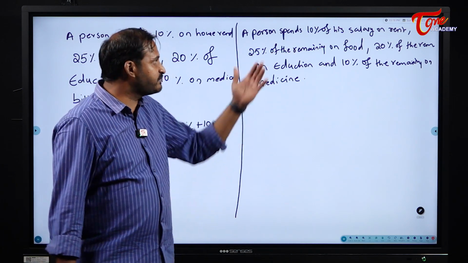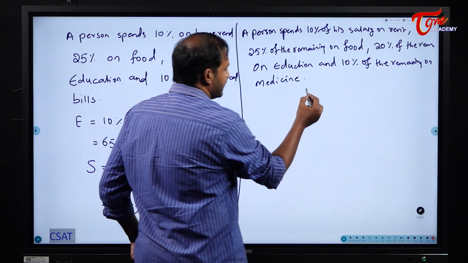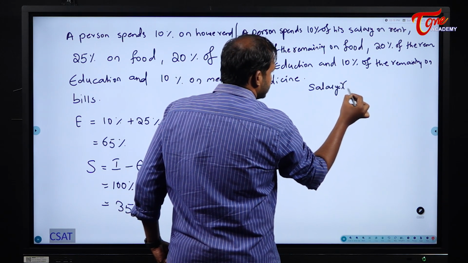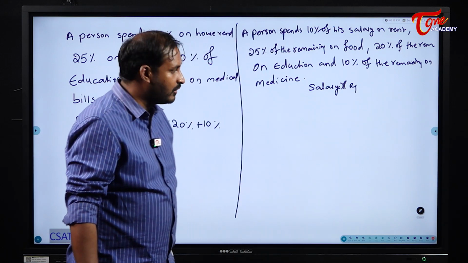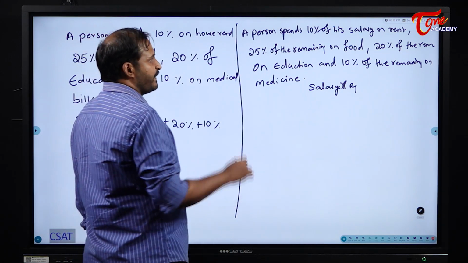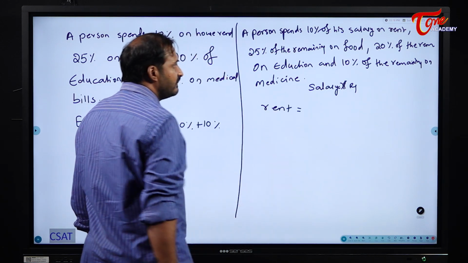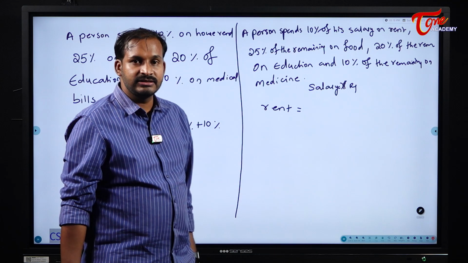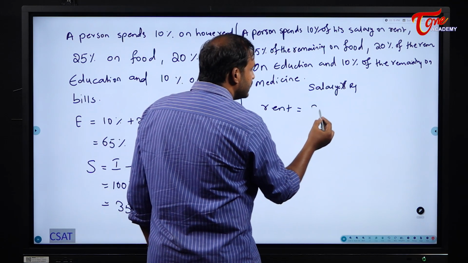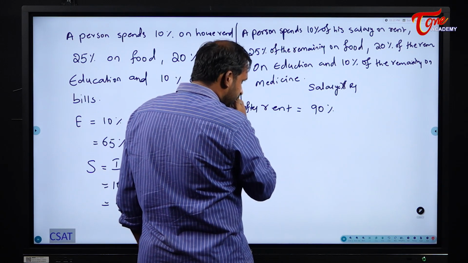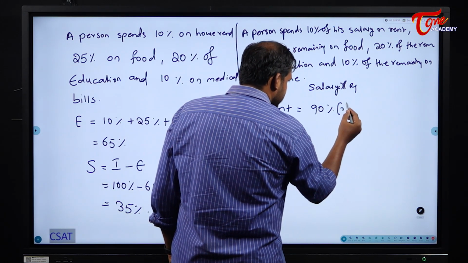That means after spending 10%, for example, his salary is some X. After spending on rent, he will be left with how much? He will spend 10% of salary on rent, right? So now he will be left with 90%. After rent he will have 90% of X.